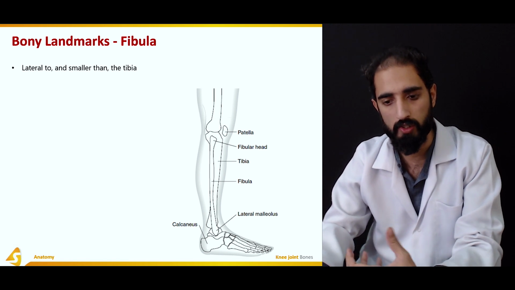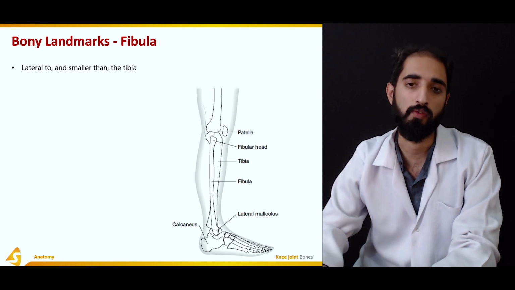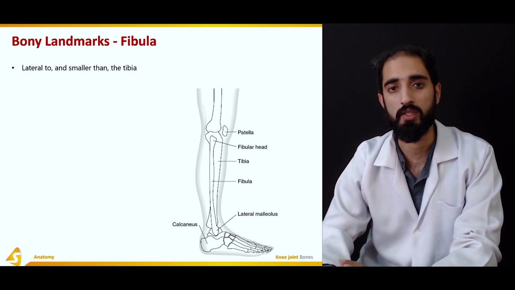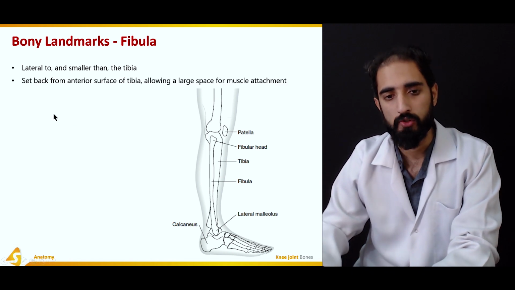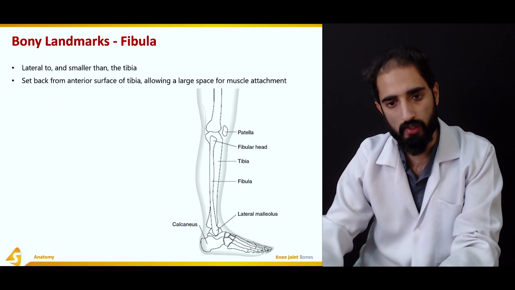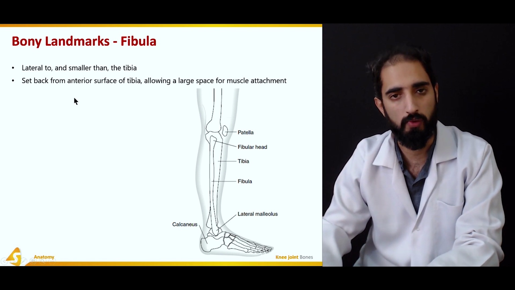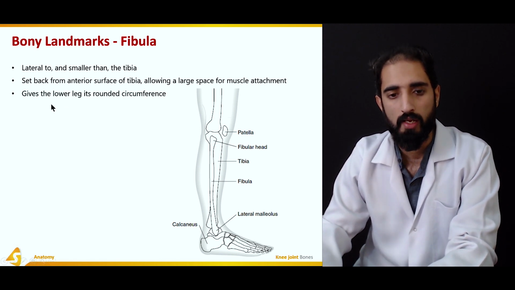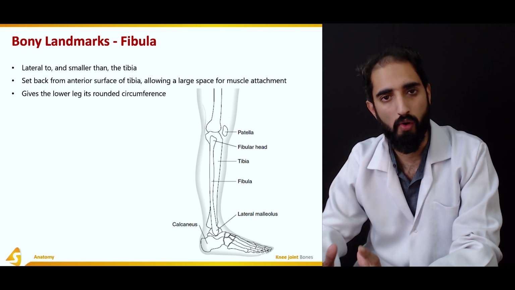It is actually participating in the formation of the ankle joint. So it may not be of significance in the knee joint, but it is of great significance at the ankle joint. It is set back, which means it is located a little bit posteriorly from the anterior surface of the tibia, which allows a large space for the attachment of different muscles. This gives the lower leg its rounded circumference and morphology.